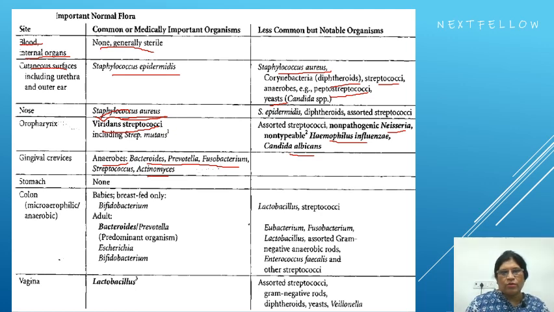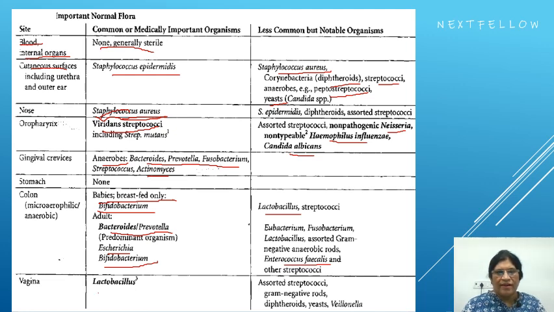Then colon. In babies who are breastfed only, the bacteria present are Bifidobacterium. The adult has Bacteroides, Prevotella, Escherichia, and Bifidobacterium. Less common can be Lactobacillus, Enterococcus faecalis, etc.